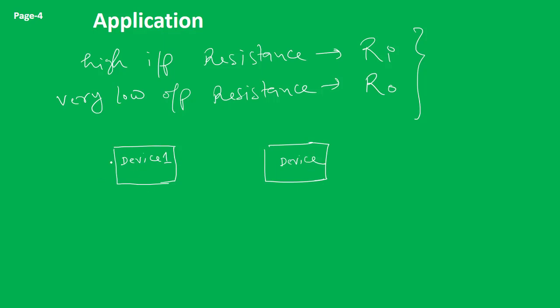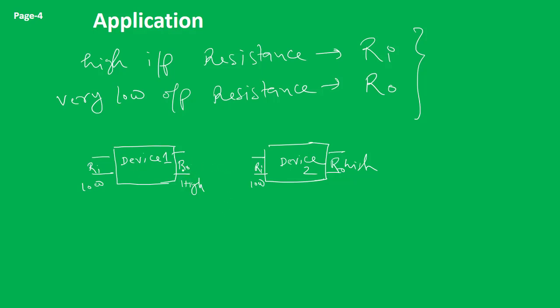Device 1 has low input resistance and high output resistance, R naught high. Device 2 is also a similar device, with low input resistance and high output resistance. If I want to connect them back to back, we get something called loading.